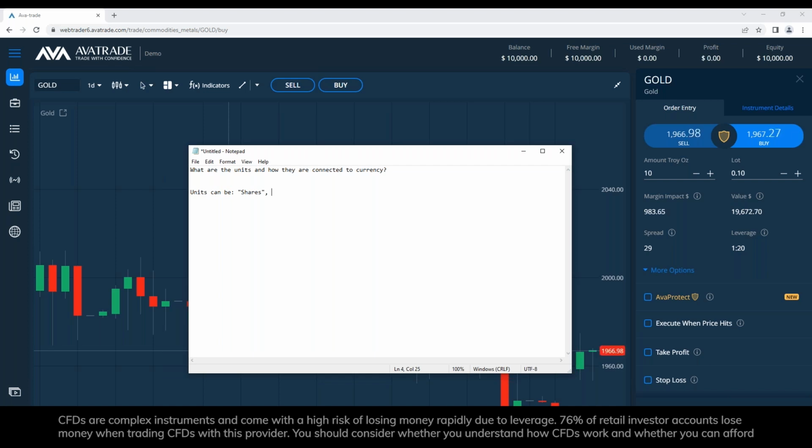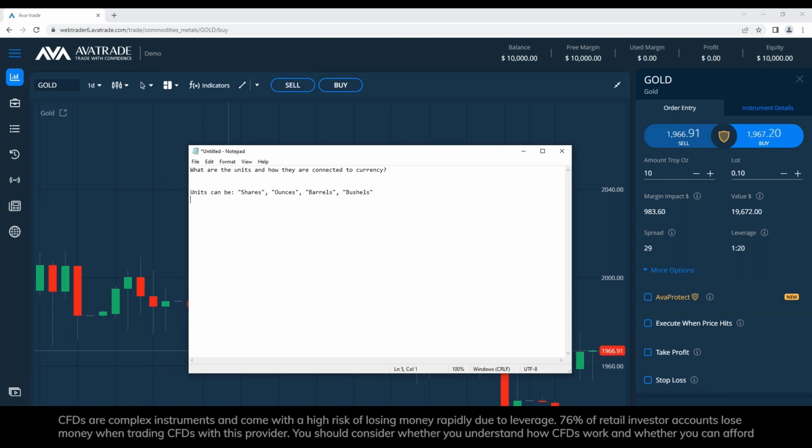Could be currencies, could be any kind of units, ounces, right? Could be barrels. Bushels, if it's commodities, and so on and so on.